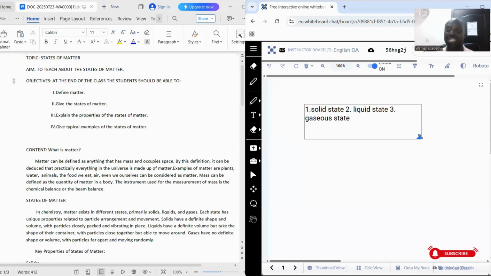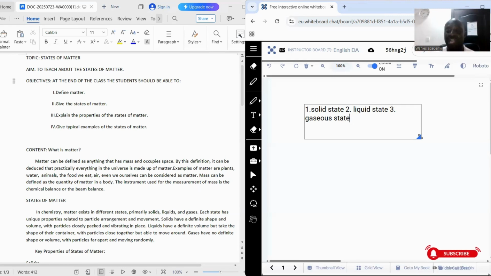Then let's go to the gaseous state of matter. For gases, the particles are held with little or no intermolecular forces. As a result, the particles of gases exhibit very random or disorderly motion. They move about in a disorderly manner. On this basis, gases do not have a fixed shape and do not have a fixed volume.